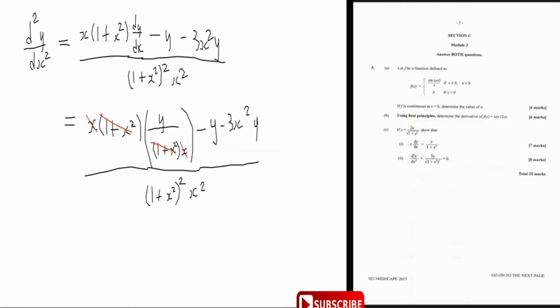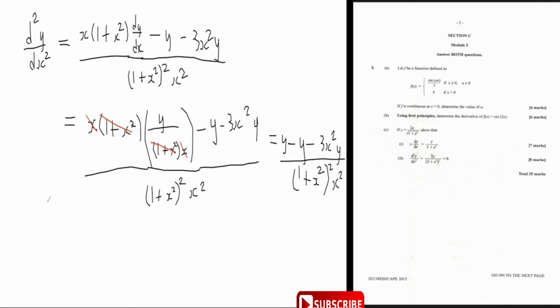So the numerator just works out to be y minus y minus 3x squared y, over 1 plus x squared, all squared, times x squared. Now it gets so basic, it's so boring.